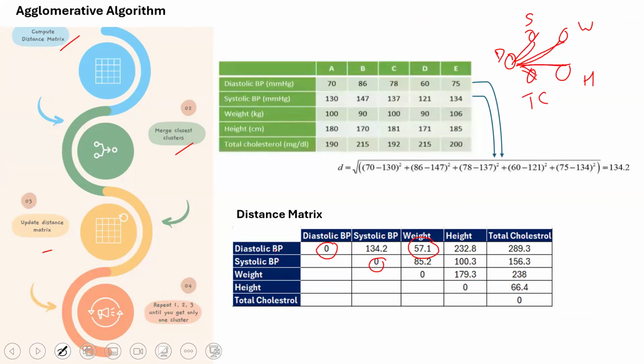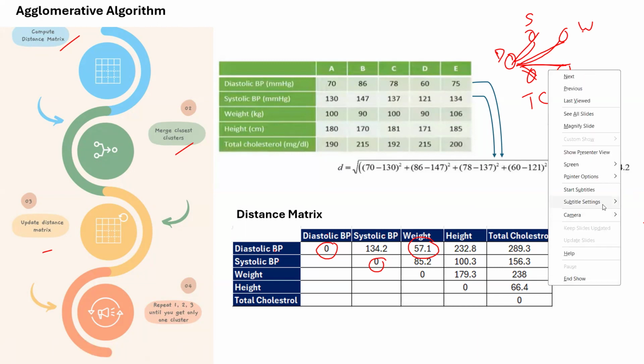In the first step. Now, what you have done, you merged diastolic BP and weight into one single cluster. Okay. Systolic, weight, total cholesterol. I merged these two, diastolic BP and weight, because I got that as the lowest value.